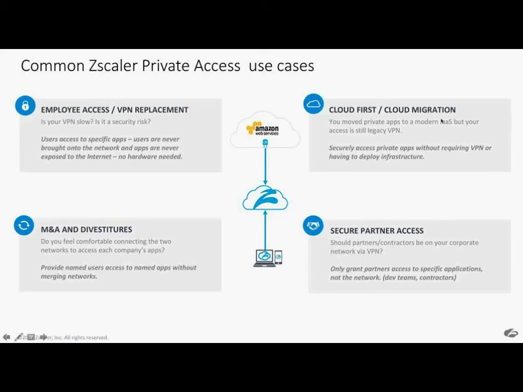But it also allows me to take a cloud-first approach, enables me to move my applications from my data center to the cloud without exposing that move to my users, to make it entirely transparent to my users. So they're never aware of where the application actually exists. Is it in my data center one day and the following day it's in AWS? It should be entirely transparent to the users.